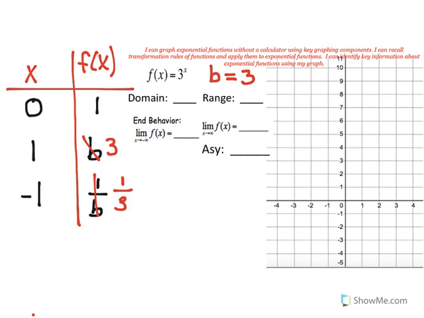Now the other thing that we have to address is, remember all those transformation rules with h's and k's and a's and c's. What I want you to now take a moment to do is identify any of those. In this function, is there an a that is written? Is there a c term that's written for us? Is there an h term or a k term? Okay. There is no a. Okay. It is, but it's 1. It's not written, and 1 is not going to transform our graph.